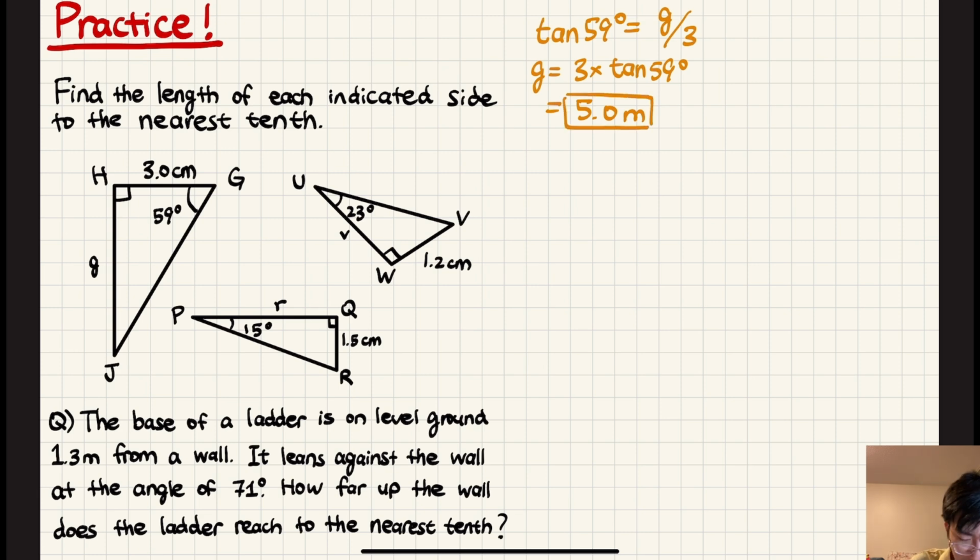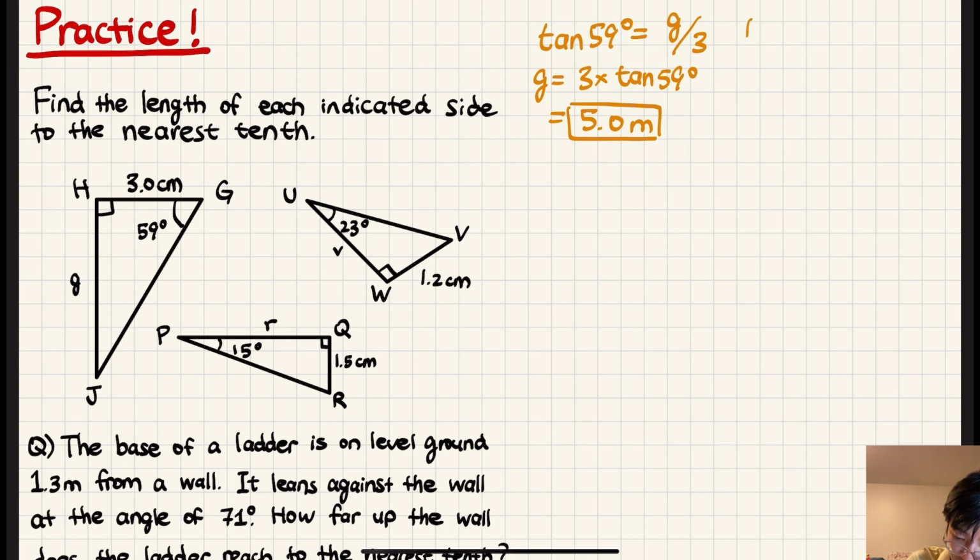Okay, next question. Let's find little v here. Looking at this little v, we use this angle that we know, 23 degrees. Opposite is 1.2, adjacent is v. So the tangent of 23 degrees is 1.2 over v.